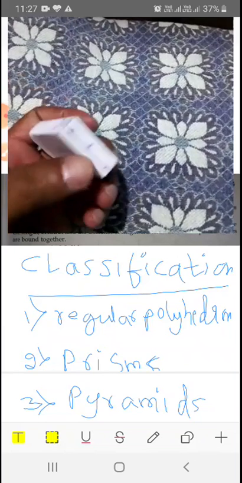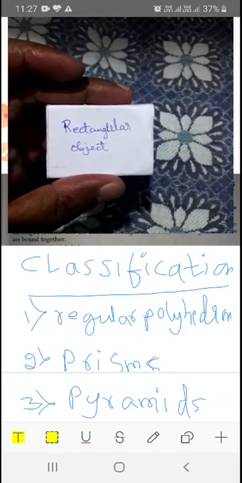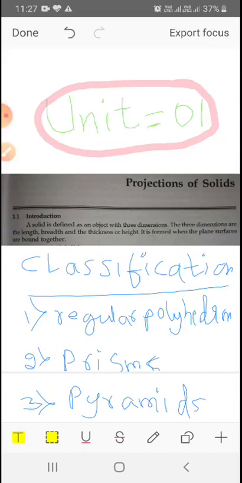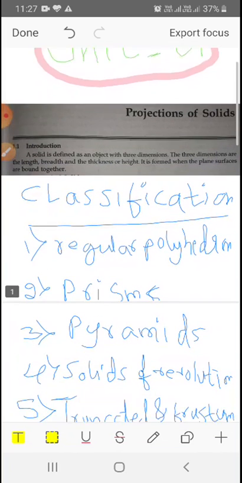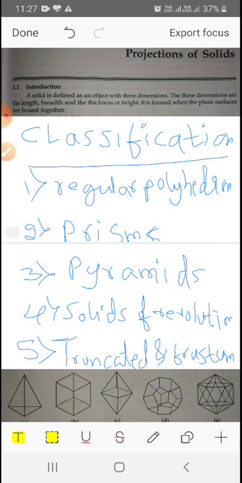It is bounded by plane surfaces. All the surfaces are bounded by planes. So this is the rectangular object. I hope you understand the meaning of solids.